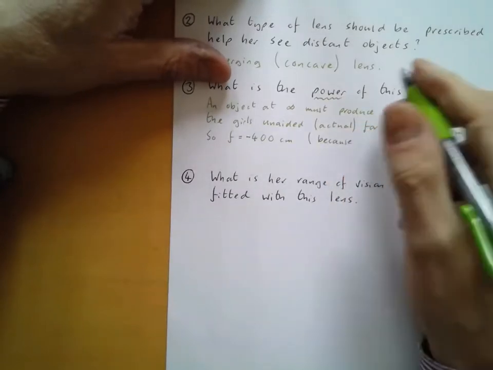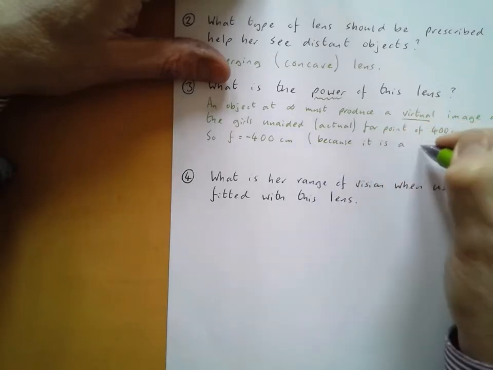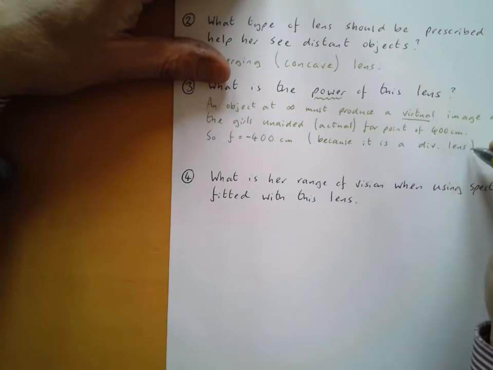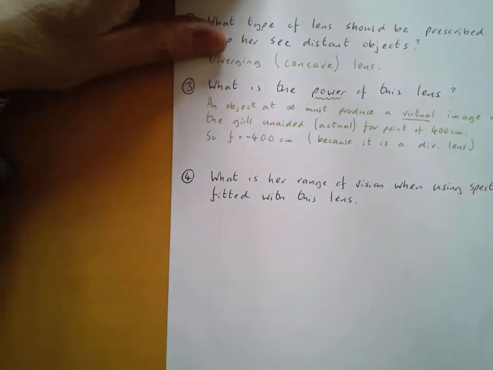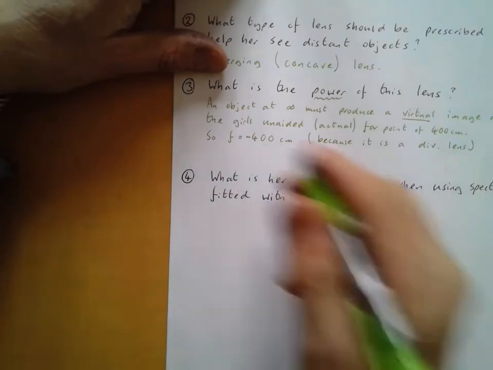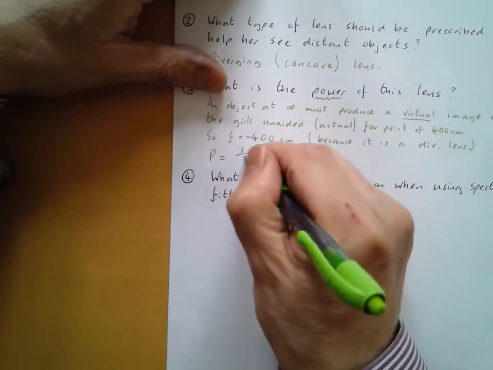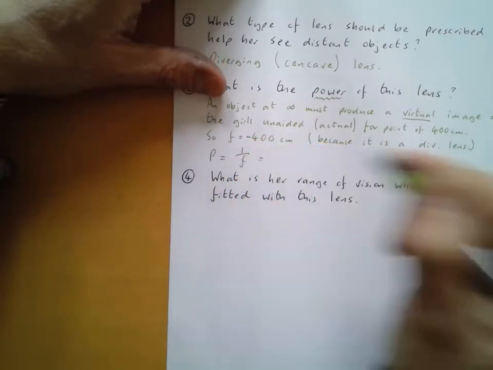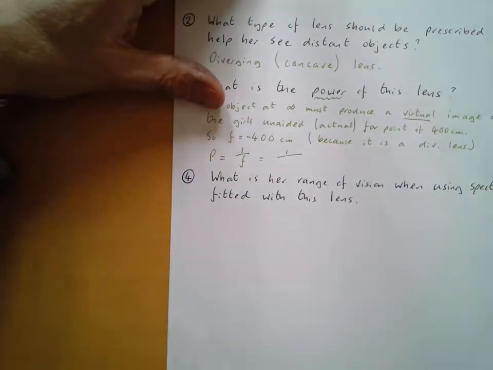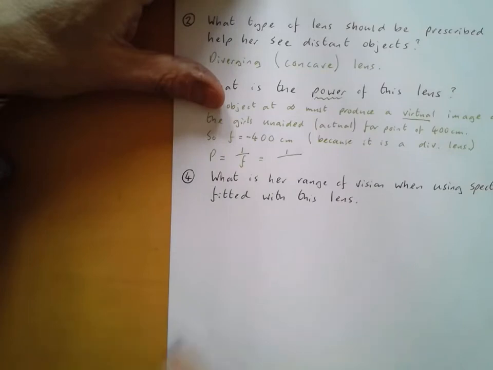Because it is a diverging lens. Okay. Now, if the focal length is negative 400 centimeters, we can then say power equals 1 over f. And in this case, the focal length is 400 centimeters, which is 4 meters.